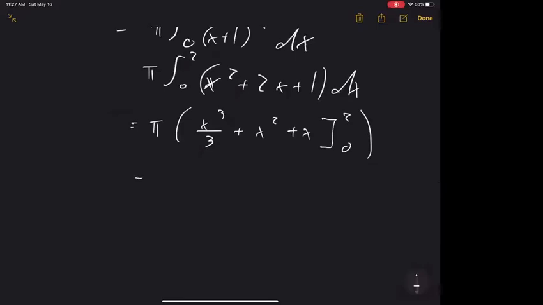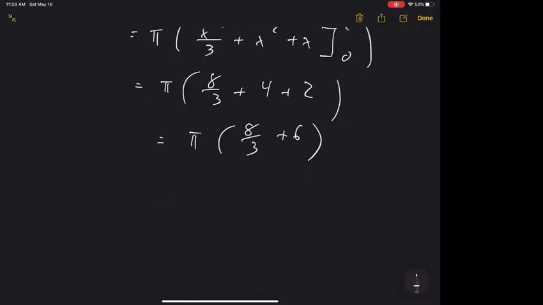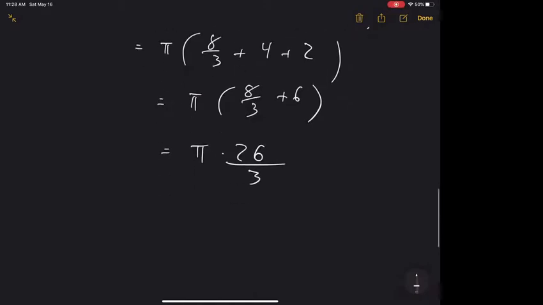Okay. All right, and then let's see, simplifying this fraction. Let's see, 6 is 18 over 3, so I got something like this.